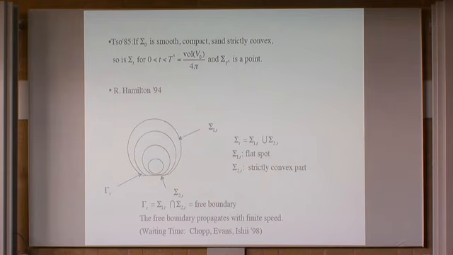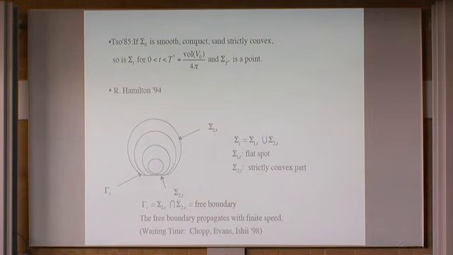If your initial surface has a flat spot, then the flat spot will persist for a while when the dimension is more than 2. Then Chow and Evans showed that if two principal curvatures are 0 at one point, then there will be a waiting time. And if only one principal curvature is 0, then there is no waiting time.